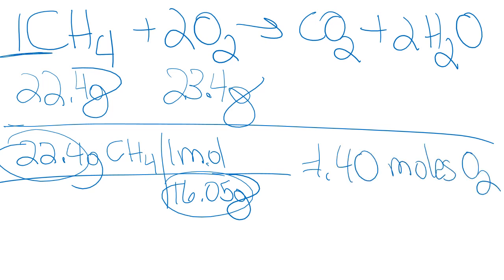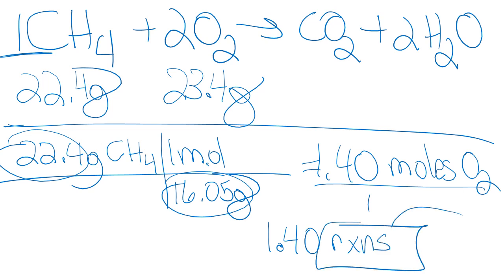I'm going to divide it by the coefficient, 1. And so essentially we have 1.40 reactions that are taking place. Writing units is always important, but this unit, reactions, is sort of generic, so I wouldn't take off for not having that unit. We know we have 1.40 reactions for methane. So now let's solve it for oxygen.